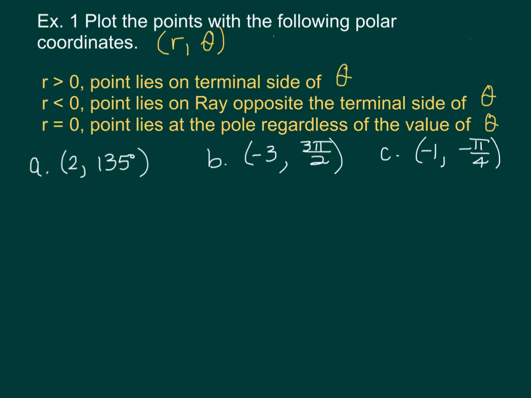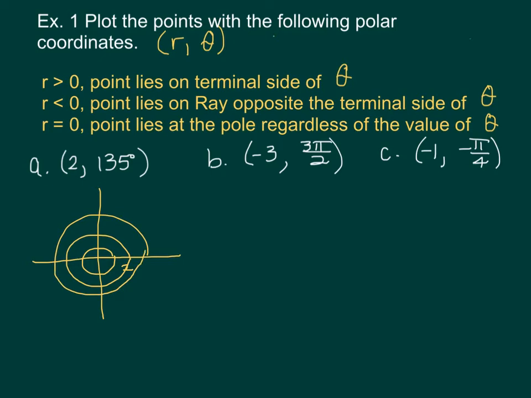So let's look at example A. First, to plot it, you want to begin with the 135-degree angle. And let me draw my pole. So 135 degrees would be in this quadrant, right in the middle.